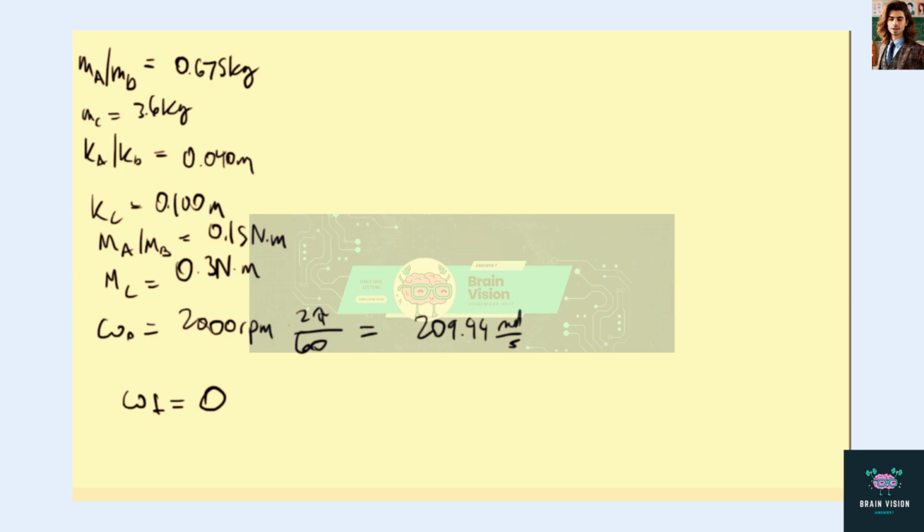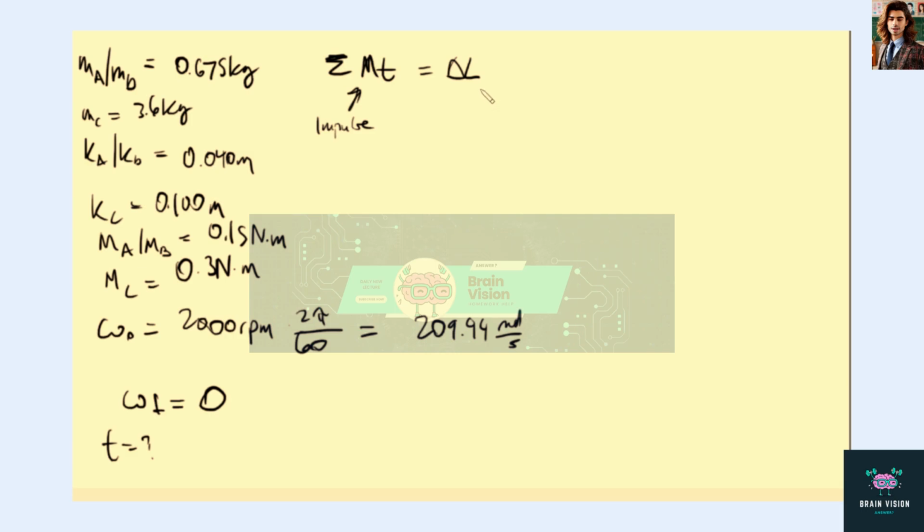Now we are asked to determine the time required for this to come to rest. So what we're using in this situation is the net impulse provided to the system. The impulse is equal to the change in angular momentum.